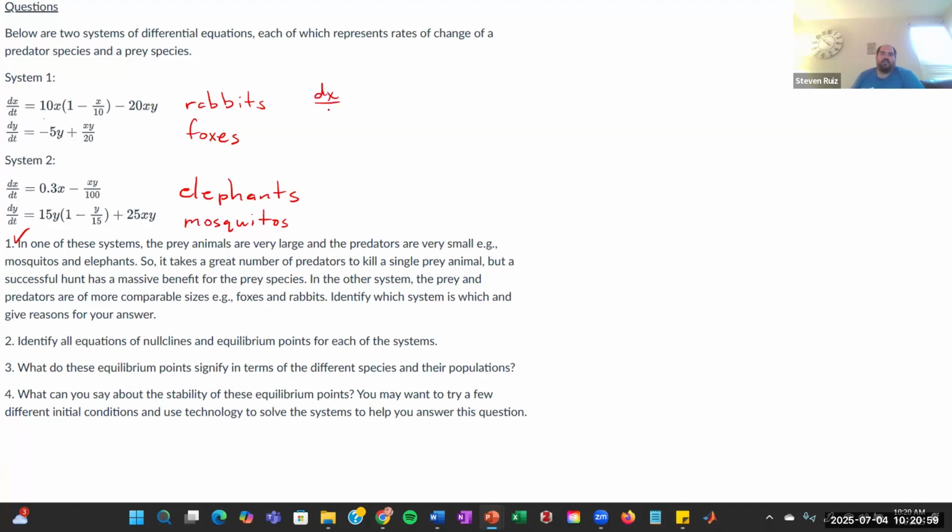So let's do this. dx/dt equals x times the quantity 10 times 1 minus x over 10, minus 20y. And that equals 0.